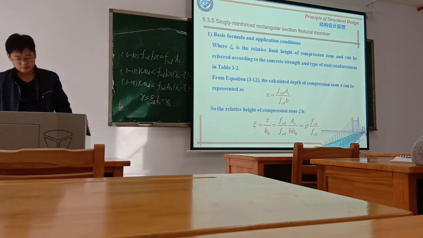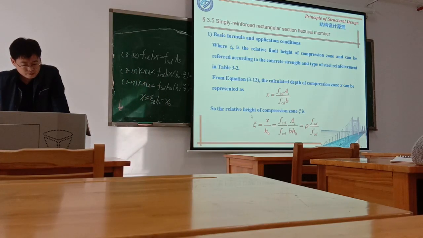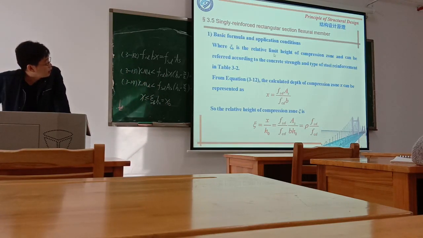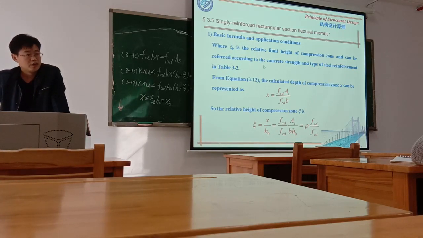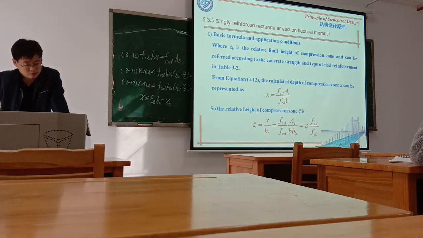Here ξb is the relative limit height of the compression zone, and can be determined by the concrete strength and the type of the reinforcement. You can find this ξb in the table in the code. When you determine the material, you can find ξb in the code.